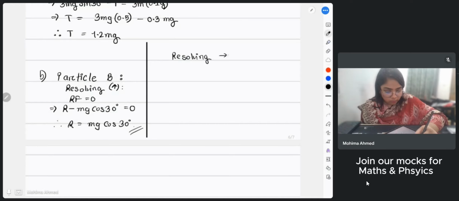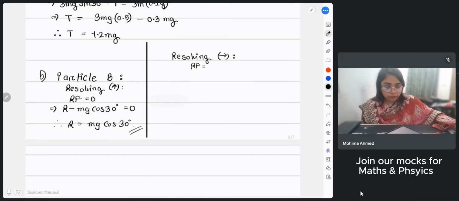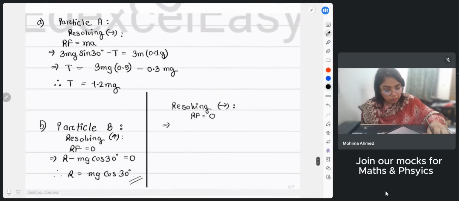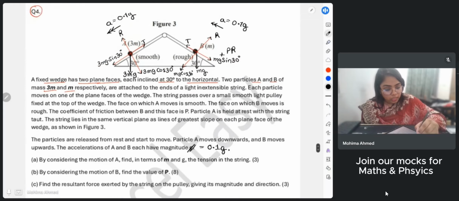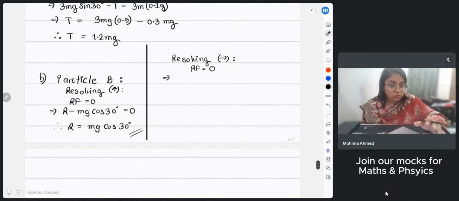For resolving horizontally, the distributions for part B would be T minus friction and mg sine 30, because over here the object was about to move up the plane, so tension should be greater than all the downward forces.